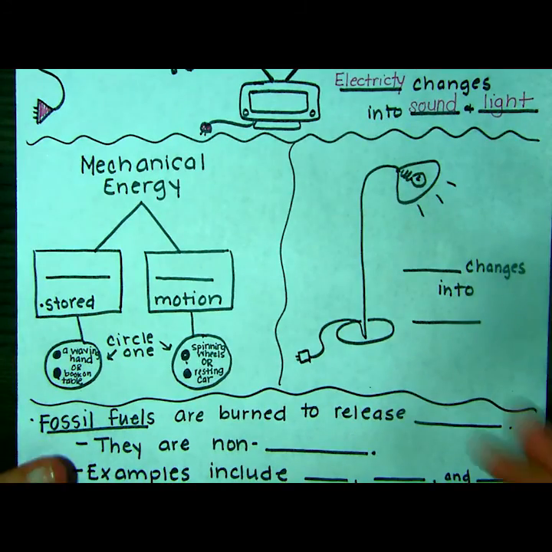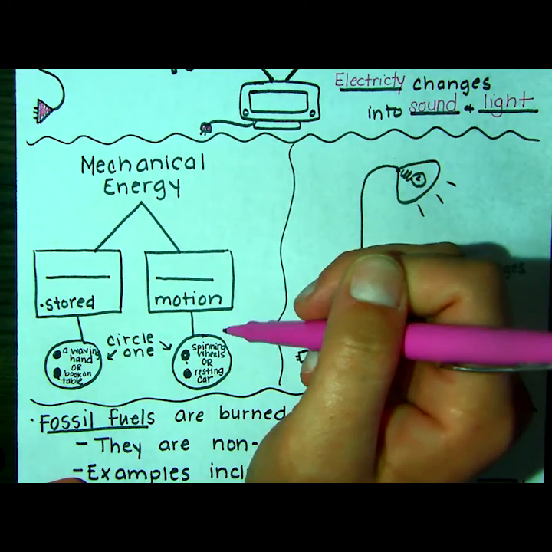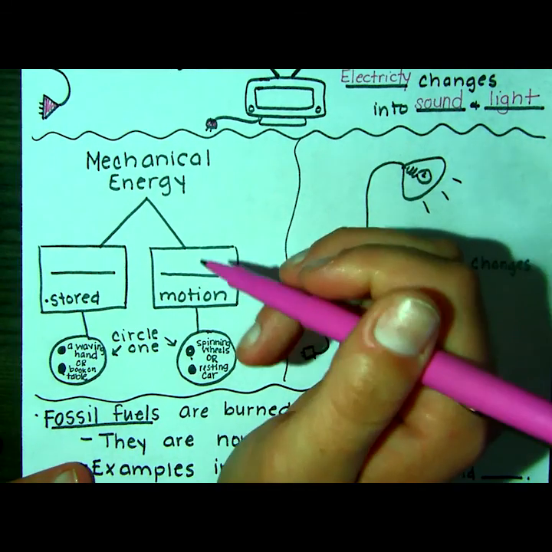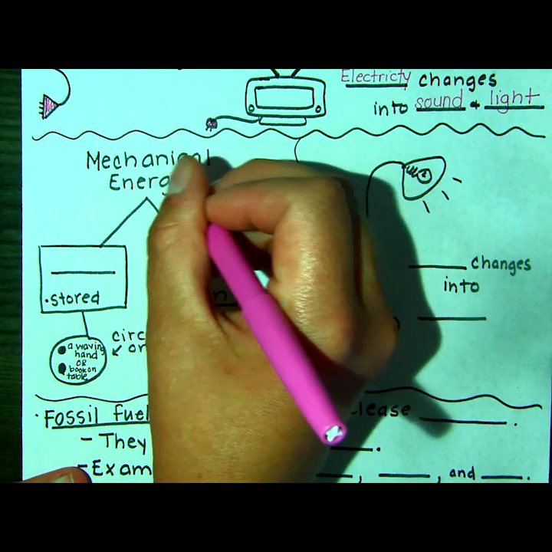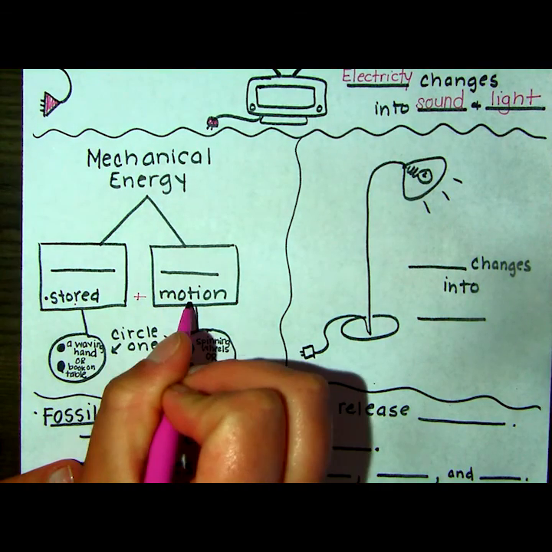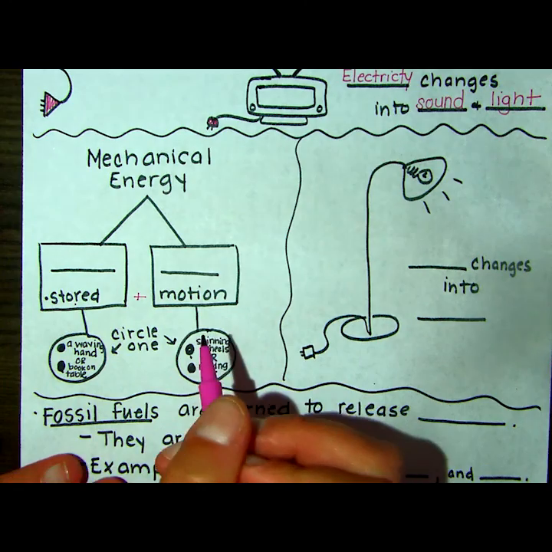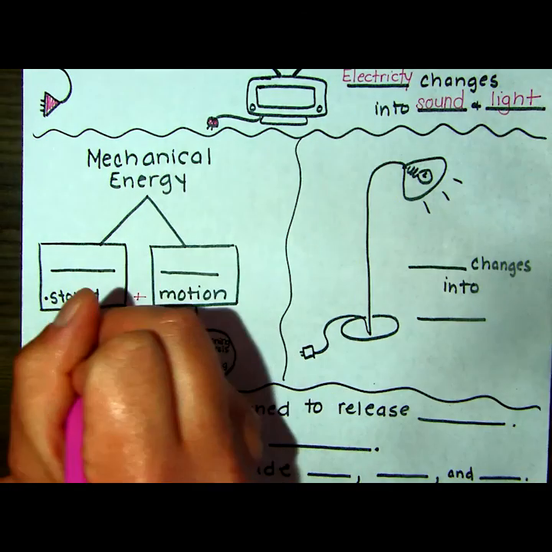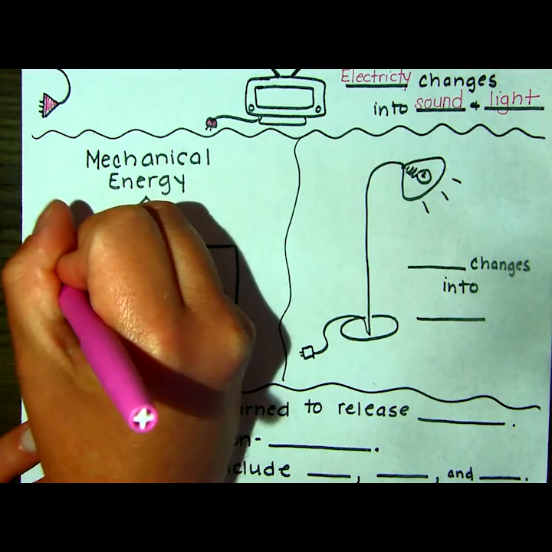So now let's go back and talk briefly about mechanical energy and revisit a couple of those terms. We know that mechanical energy refers to the total of stored energy and motion together. So there are two words that we use to describe stored and motion, and they are potential.